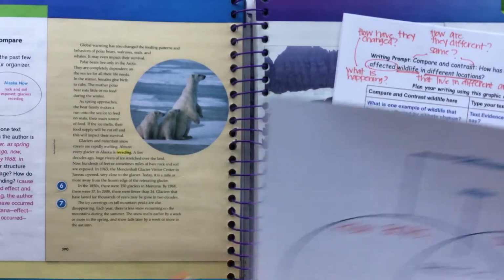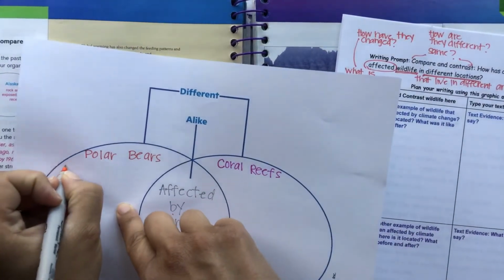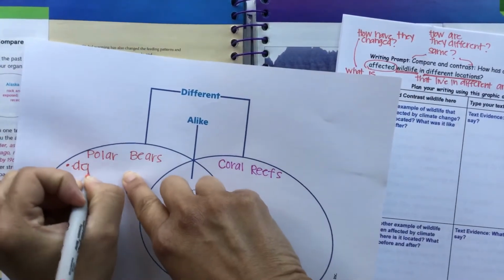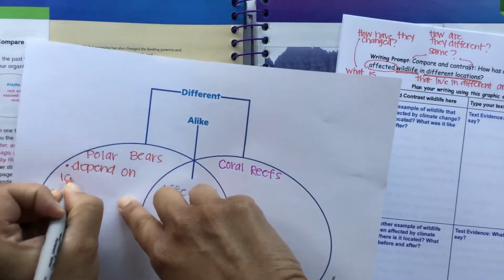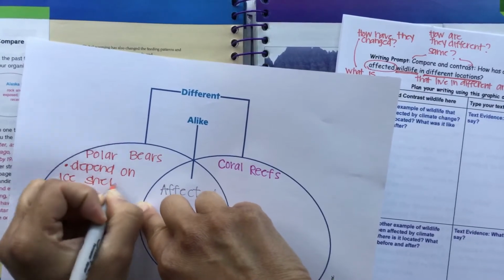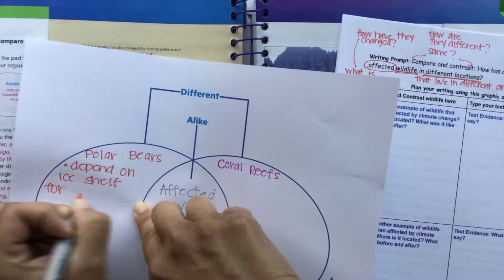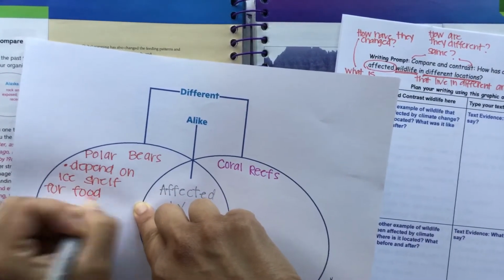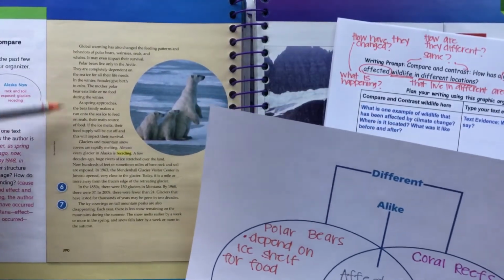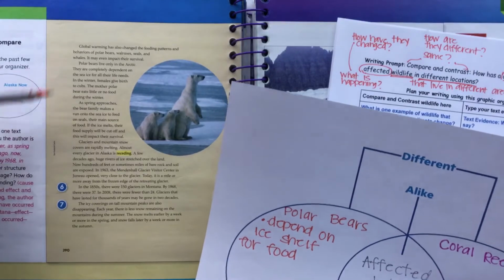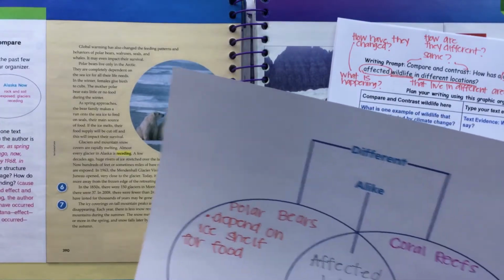Okay, so we know that polar bears depend on ice shelf for food, right? So that's something that we've learned, okay, that they are depending on ice shelf for food.